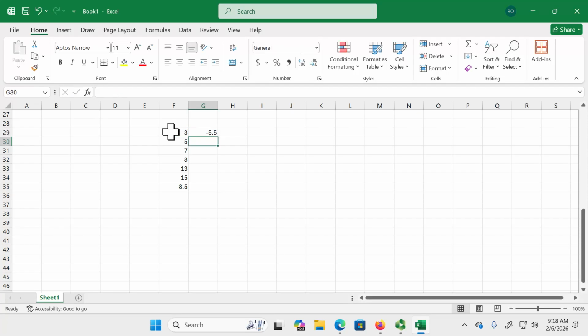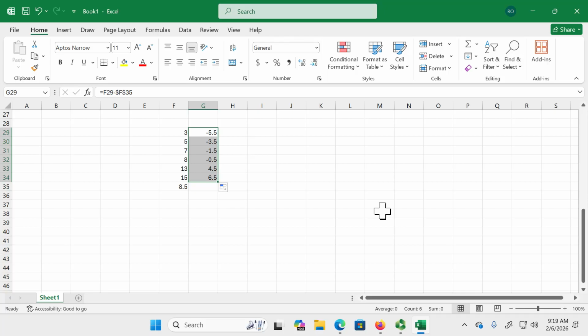So enter, and the 3 is 5.5 below the average. I copy this down, and I want to be sure I don't get the average again. And here is the difference from the average of each of these numbers. All right.